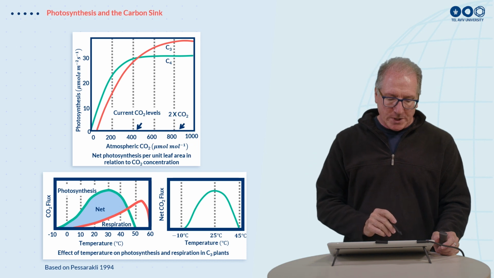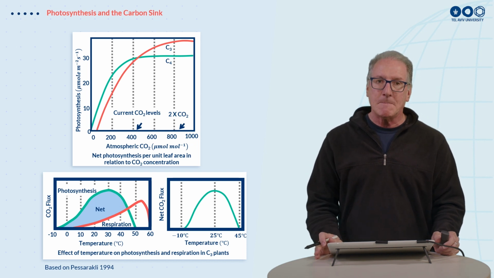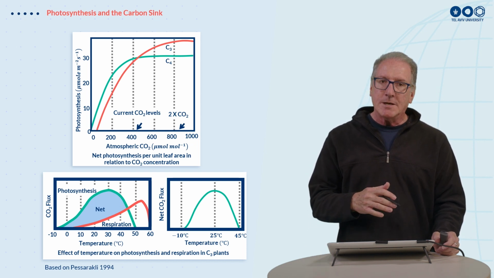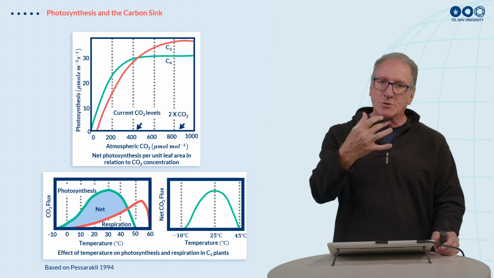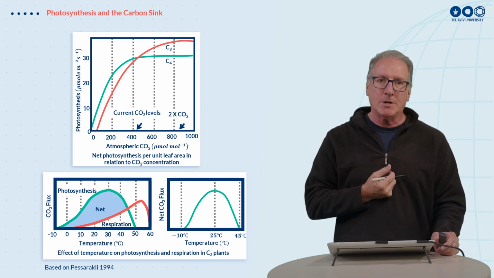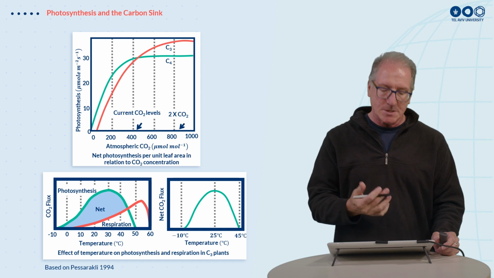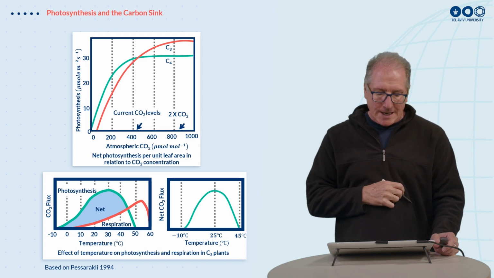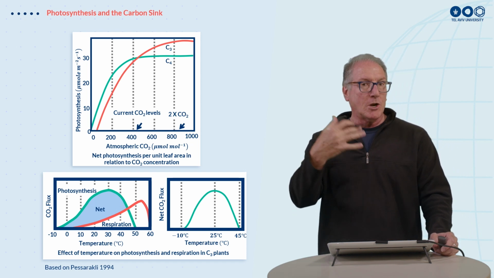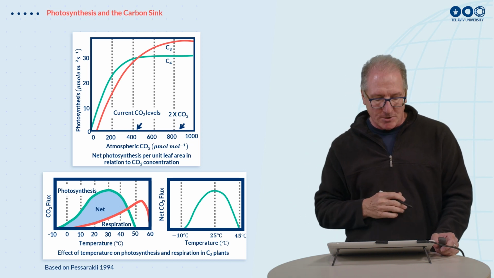But at the bottom, we can also see the impact of temperature. On the bottom left, we can see the CO2 flux, which is taken up by the plants just by photosynthesis, shown by the green curve, and the respiration, which is the loss of carbon dioxide, we can see by the red curve.